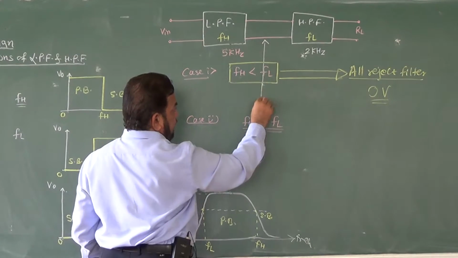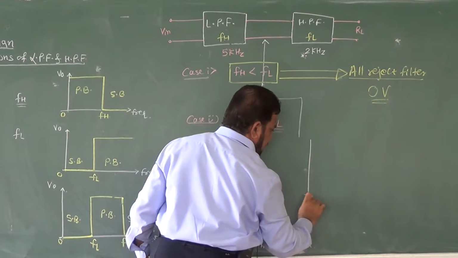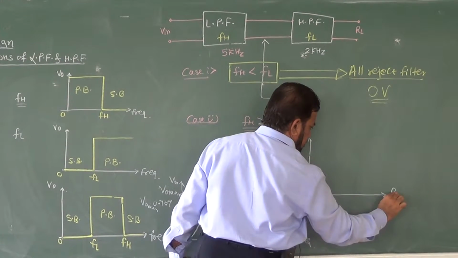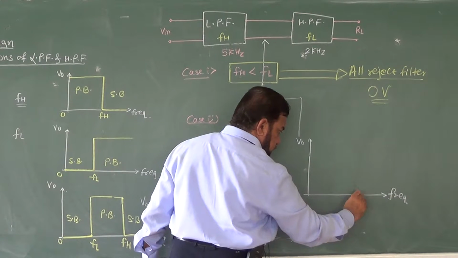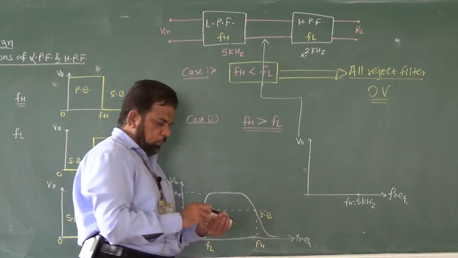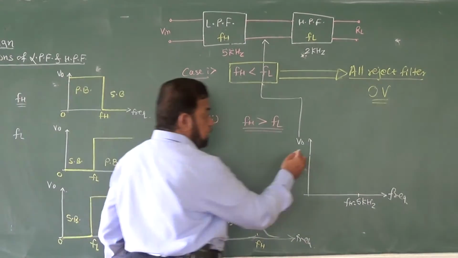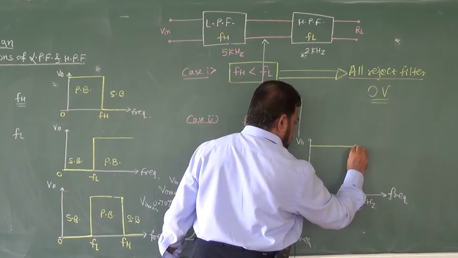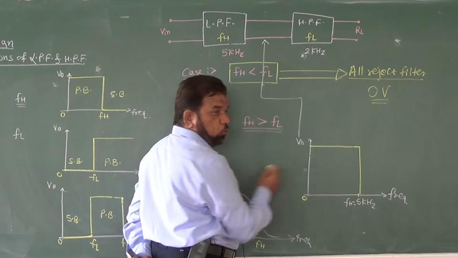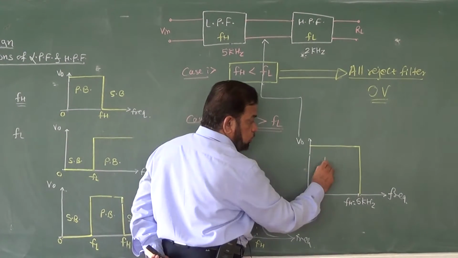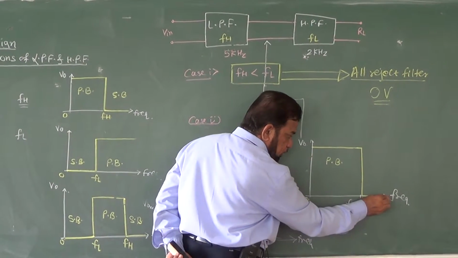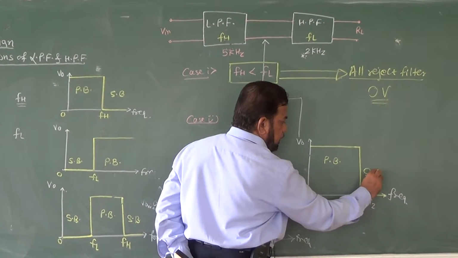If I draw the frequency response at this point, up to 5 kilohertz, this point is 5 kilohertz and this is your FH, there is transmission. Whatever the output is, it is between 0 to 5 kilohertz, so this results in a pass band, whereas above 5 kilohertz there is a stop band, no signal is available.